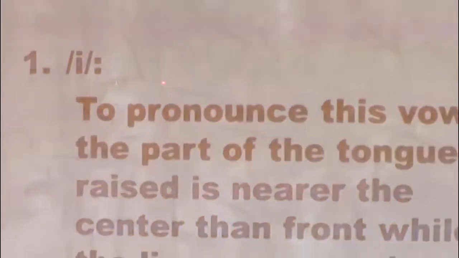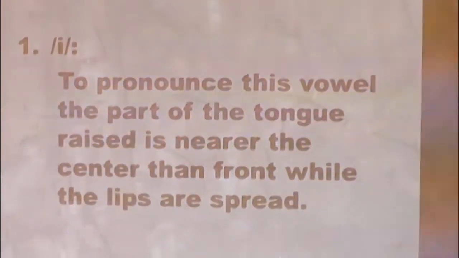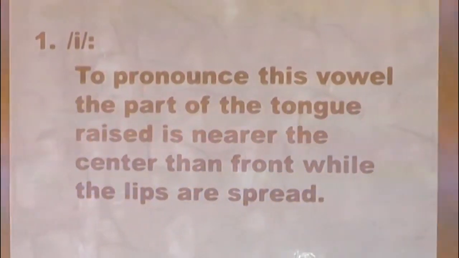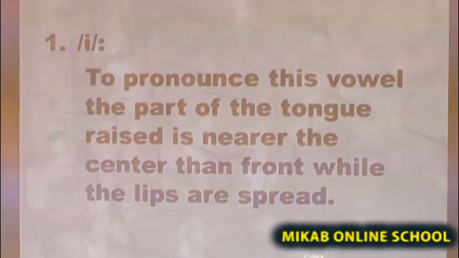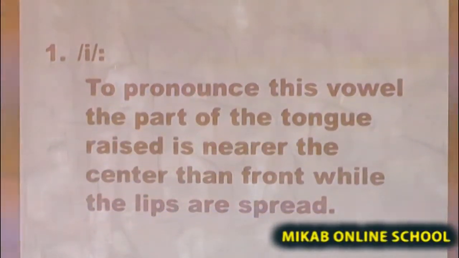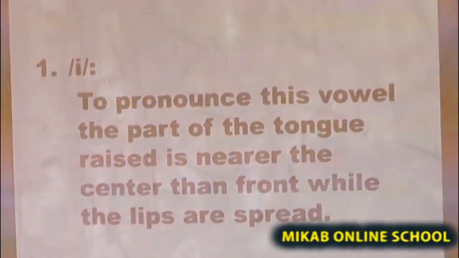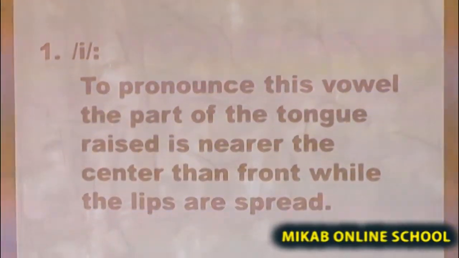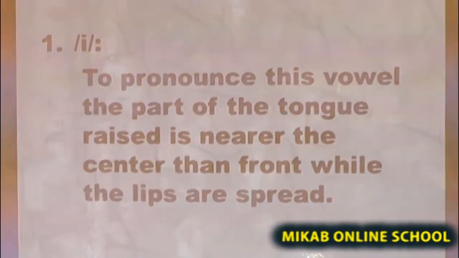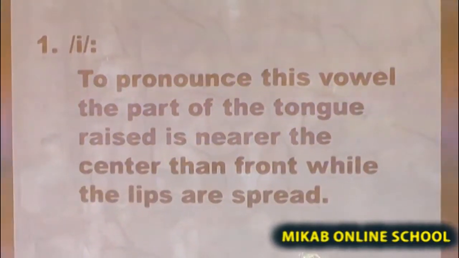Generally, in pronouncing some words, 3 articulators are very important that we must know. The first one is our tongue, then the lips, and the teeth. They are very important while we are pronouncing these sounds. But look at this first one.